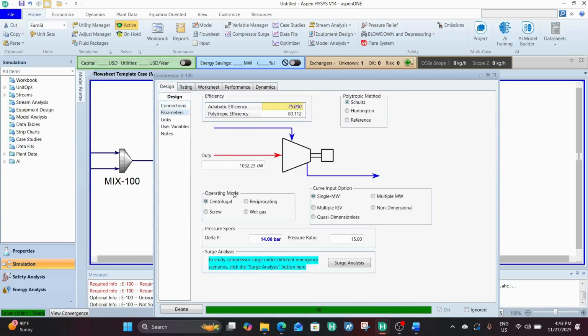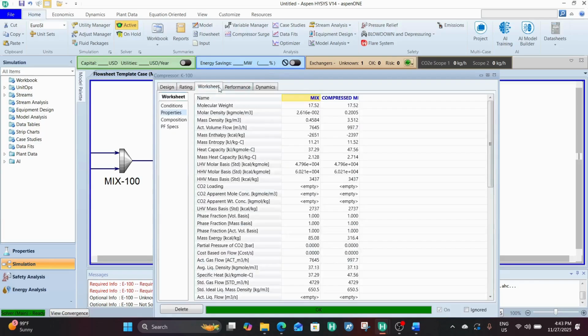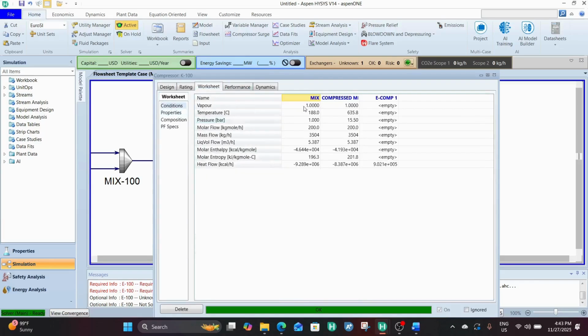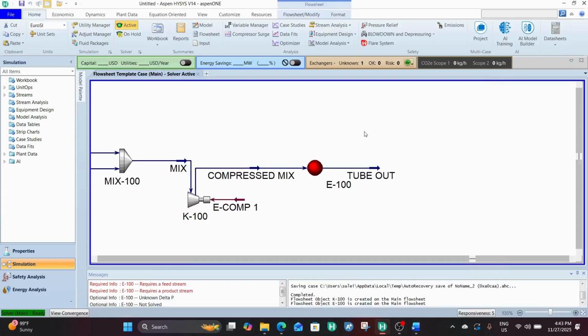Design parameters, change in pressure: we're going to make this 14.5 bar. Good. That way we are currently at 15.5 and we use 0.5 in our heat exchanger.